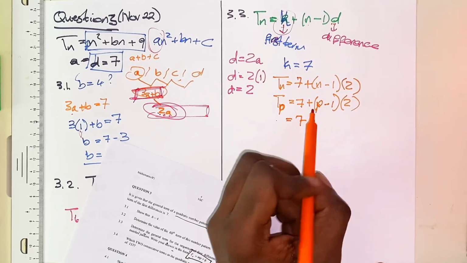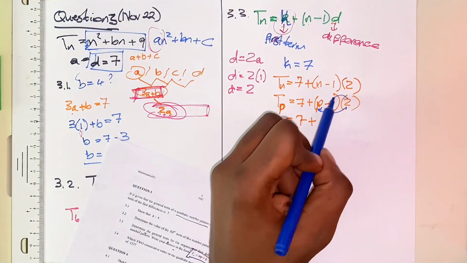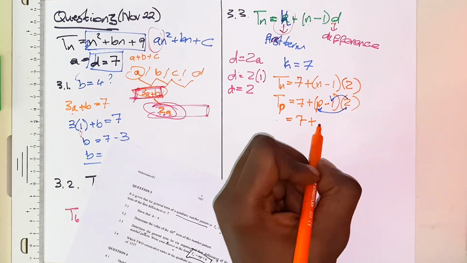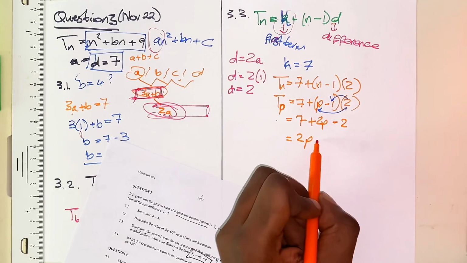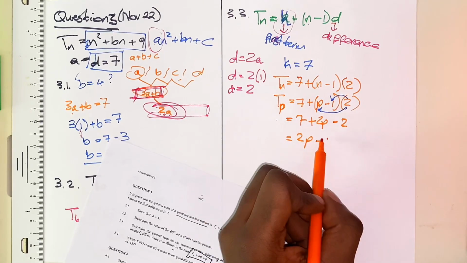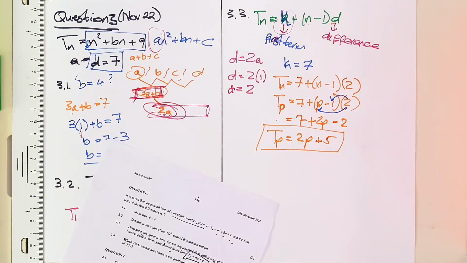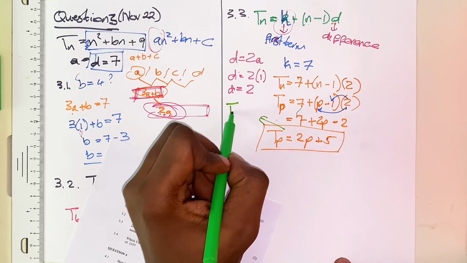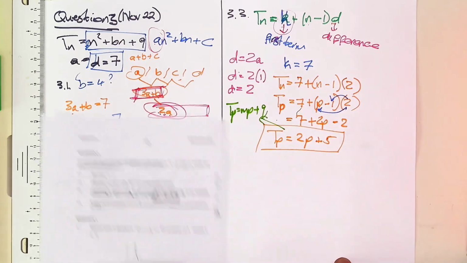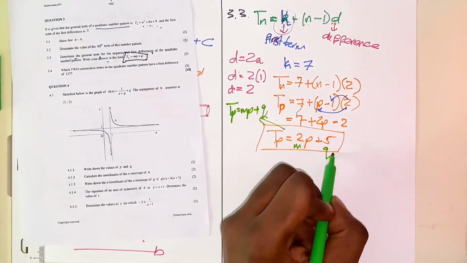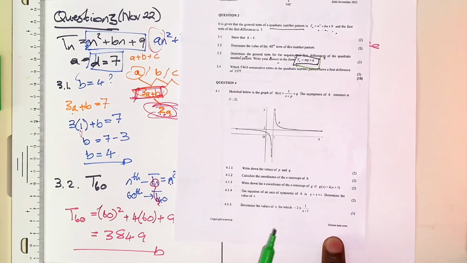If we simplify, it will be 7 plus 2 will multiply p and then multiply 1. So we'll have 2p minus 2. Therefore, we have 2p plus 5. Now, if you look at this, we have now represented it in the form TP equal to MP plus Q. This will be our M and this will be our Q. And that is exactly what they wanted us to find.